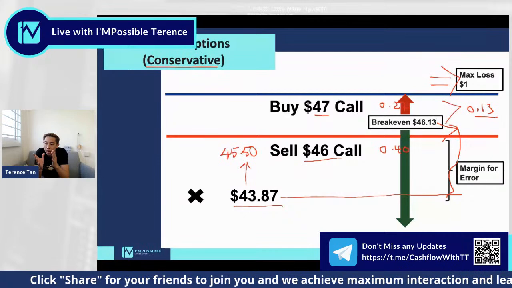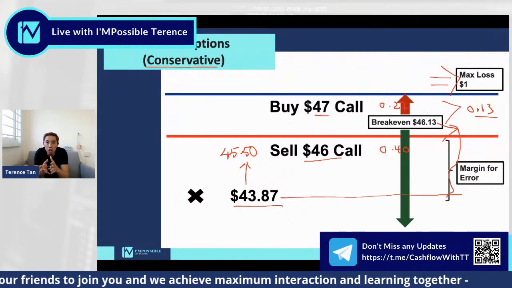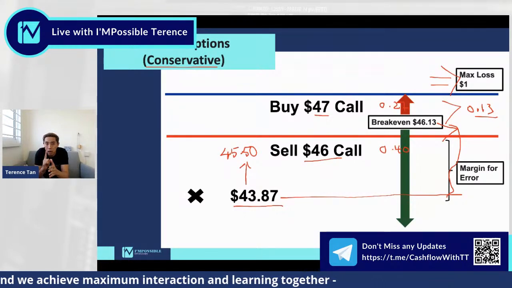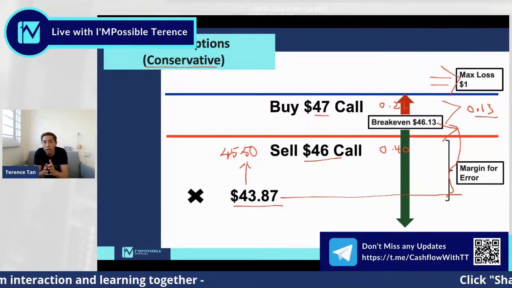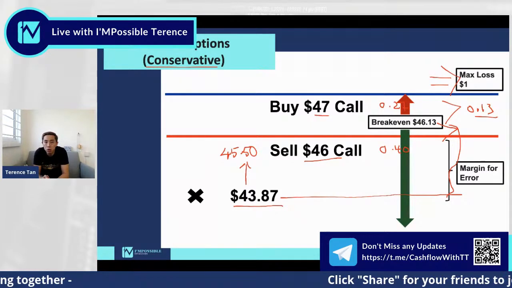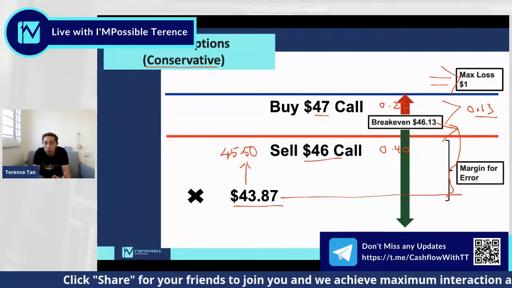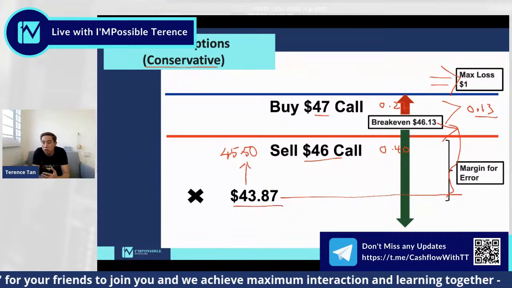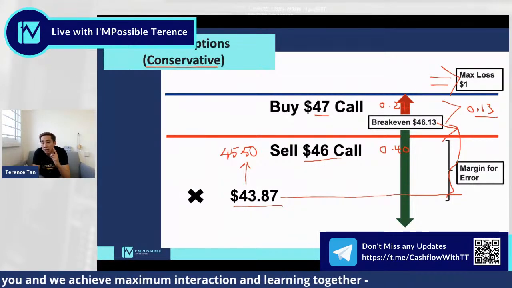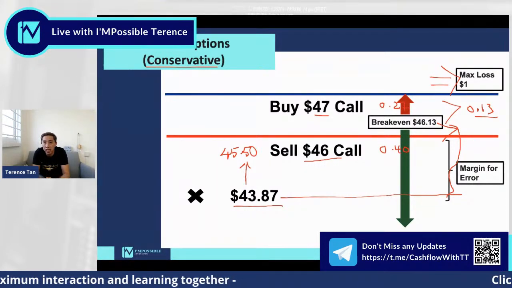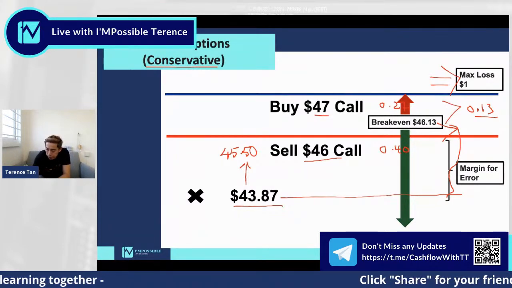In our example, the maximum loss limit is $1. So the broker takes a stance whereby if you can put up what you will lose, they will let you go ahead and do this. So the deposit or investment required to do this trade is the $1 max loss that we are looking at.